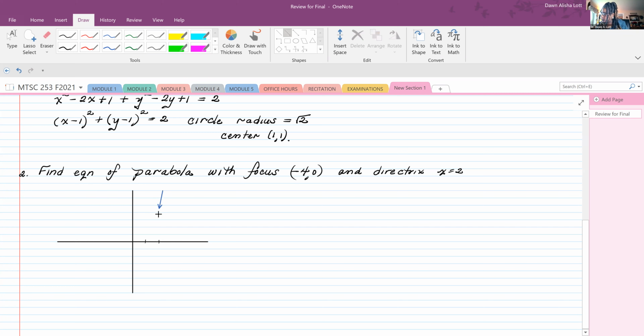I don't know why I even drew them ticks. All right, so the directrix is always x is equal to p or y is equal to p. So here x is equal to 2, so p is equal to 2.